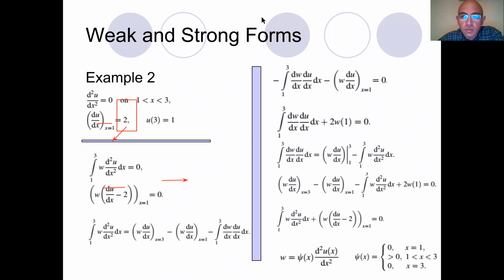So this weak form is equivalent to the strong form given in the problem. So this is the weak form, and this is my strong form, and these two are equivalent.